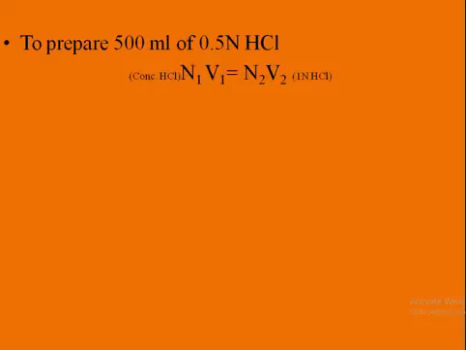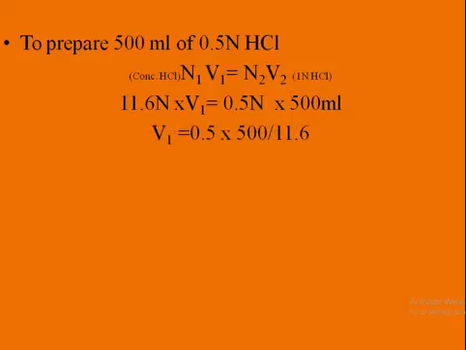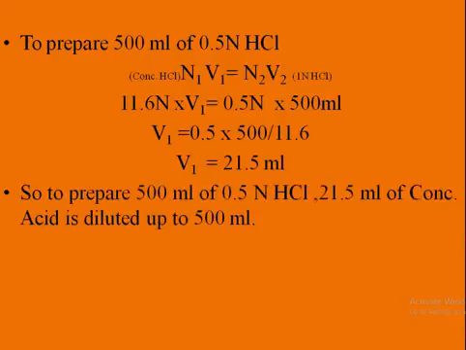N2 is equal to 0.5 normal and V2 is equal to 500 ml. So put the values in the same equation again and calculate V1, which is 21.5 ml. So to prepare 500 ml of 0.5 normal HCl, we need 21.5 ml of concentrated acid diluted up to 500 ml.